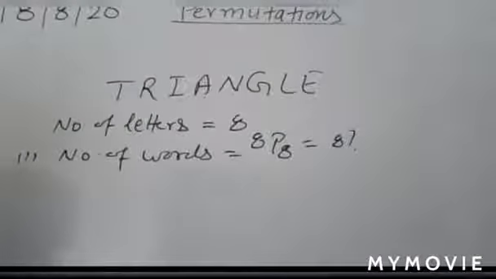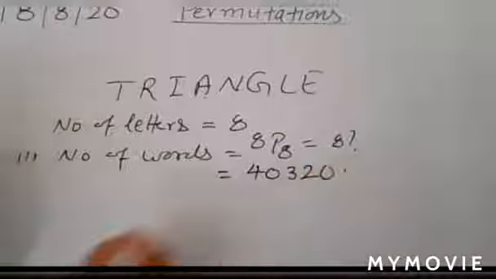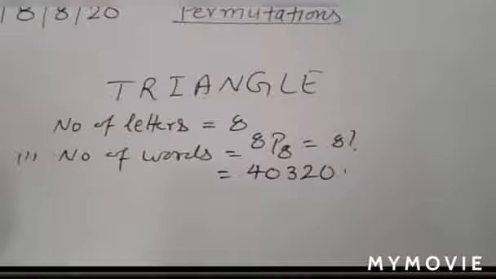What is the value of factorial 8? 40,320. Yes, correct. So 40,320 words are there if you are using all the letters.